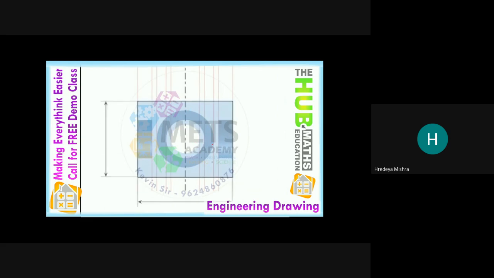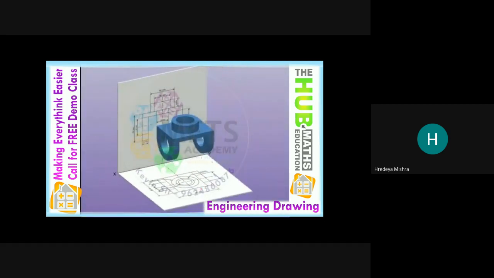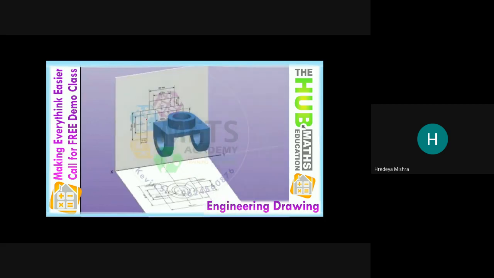A square is there, a 180 rectangle is there, and here we can observe the holes, all holes here. These are dotted lines because this is a hidden line, and this is also a hidden line, this hidden line too. So this is our top view and this is our front view.